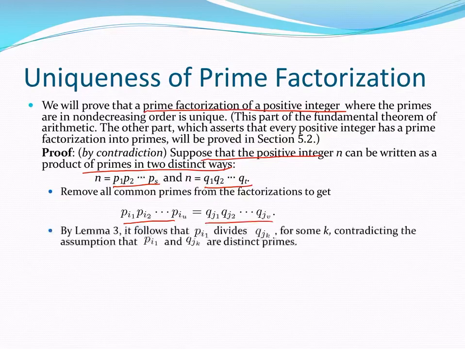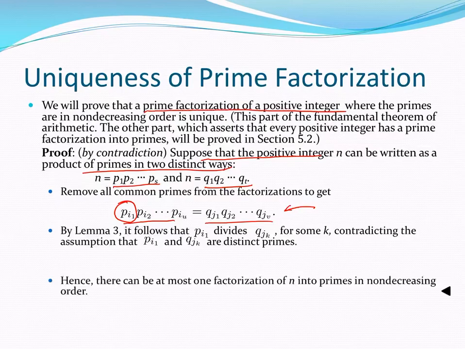And the problem is that this first prime on the left must divide one of these primes on the right by lemma 3, but we've already assumed that they are distinct primes, and so we reach a contradiction. That means there can be at most one factorization of n into primes.